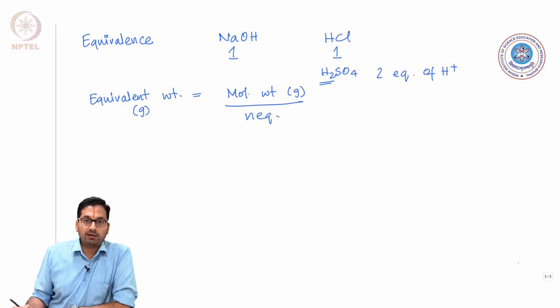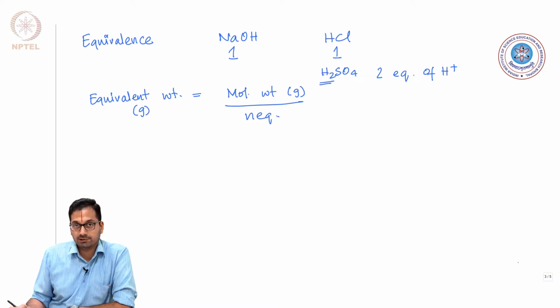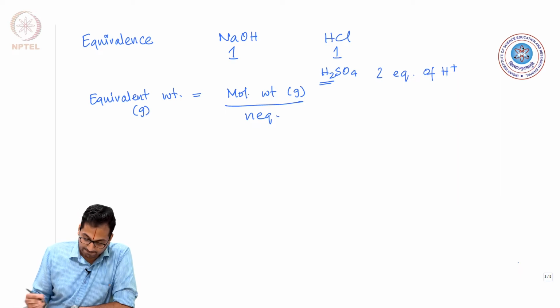Here, unlike molarity, which doesn't depend on what kind of reaction you are using a chemical for, this definition of equivalent weight requires knowing what you are going to use the chemical for. For instance, let's say you have a chemical, in this case NaOH, used for a neutralization reaction.